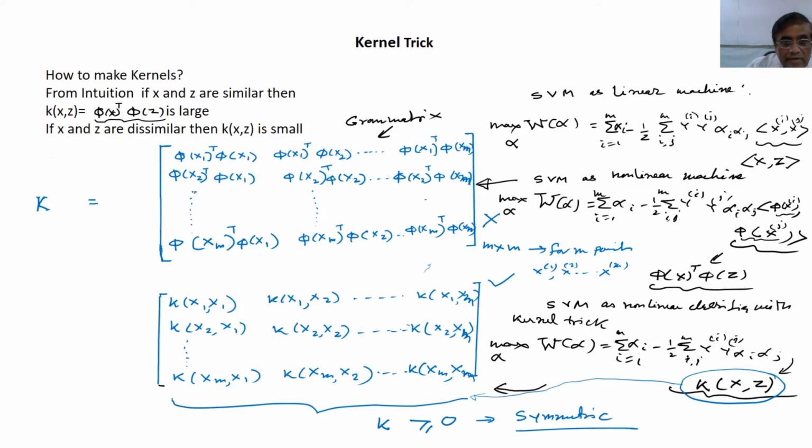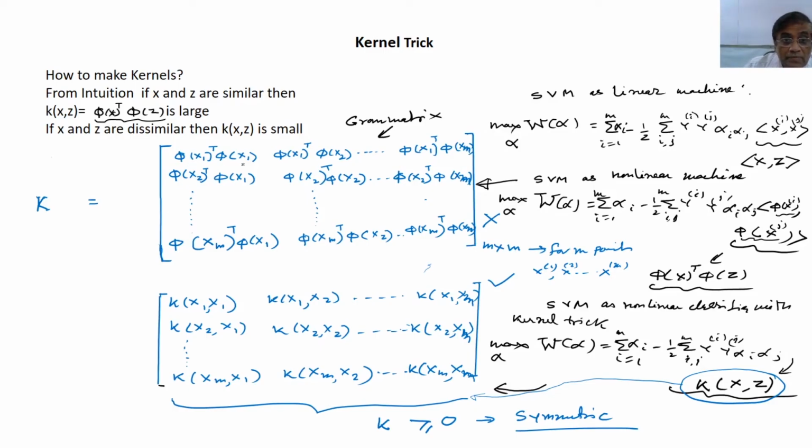Third row, phi x3 transpose with all the other samples transformed in the feature domain, and up to phi xm transpose phi x1, up to phi xm transpose phi xm. So, this will be my m cross m matrix in the feature domain when the sample points have been transformed using the feature mapping function.